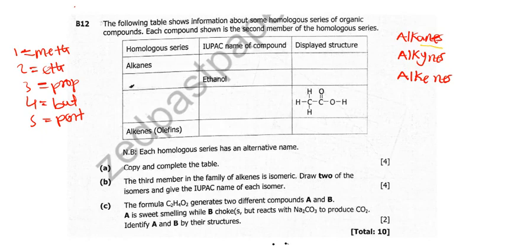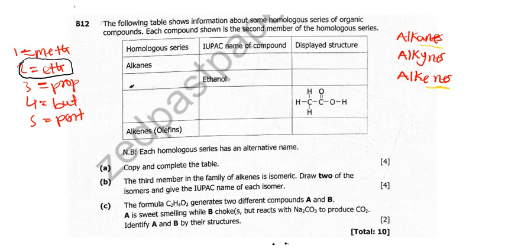If it's an alkene, you add the three last letters, it will be methene. So you can apply this to everything, but our focus for this question, since it is saying each compound shown is a second member of the homologous series, is the second member, which is going to have two carbon. So it is eth.